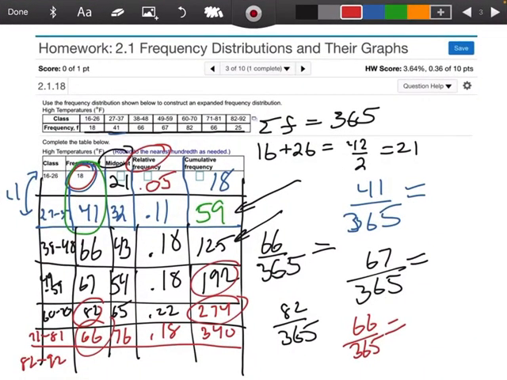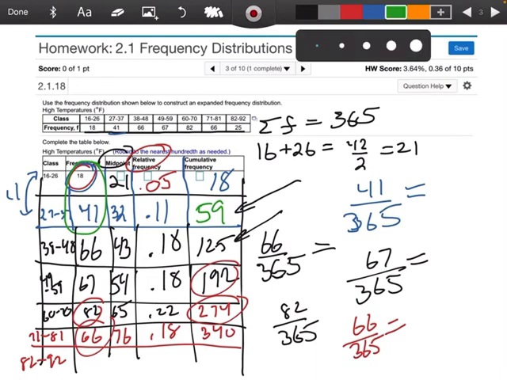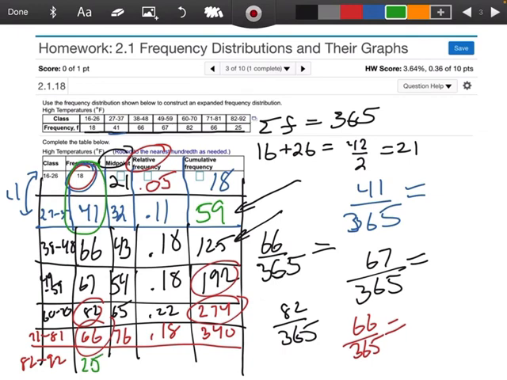Good. And the last one here, let me do this in green. This was 25. If I add 11 to this, that's going to give me 87.